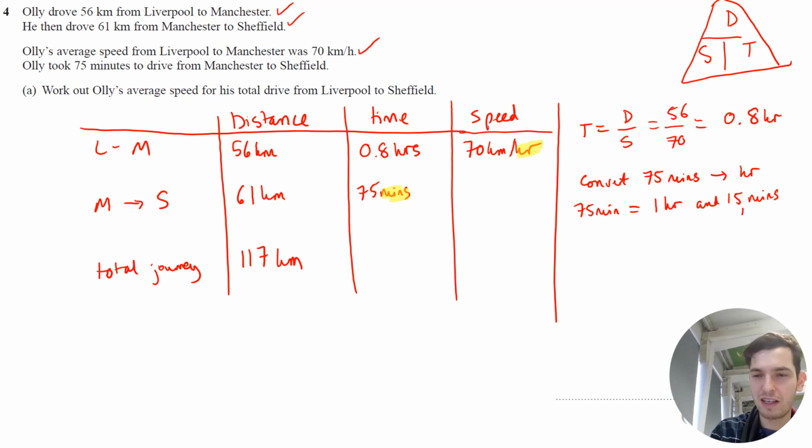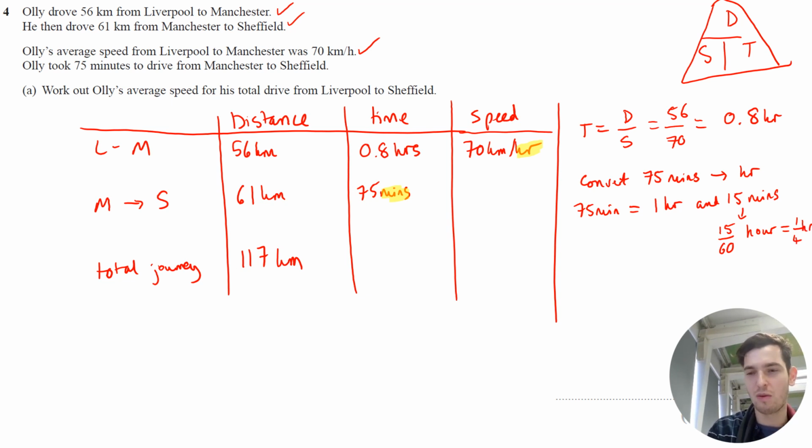What is this 15 minutes? Well, how many minutes are there in each hour? There's 60. So that is actually 15 out of 60 of an hour. And if you simplify that, you get 1/4 of an hour. Now, 1/4 of an hour is 0.25.